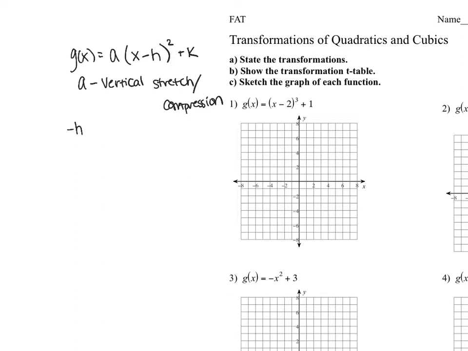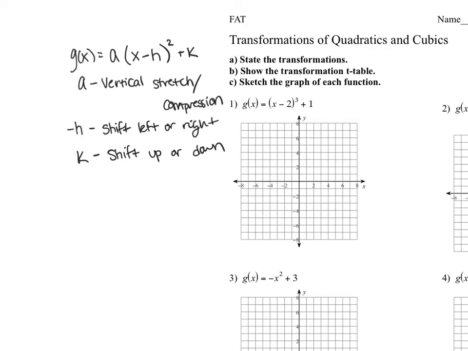H, or I'm going to say negative h, is a shift left or right. And k is going to be a shift up or down.